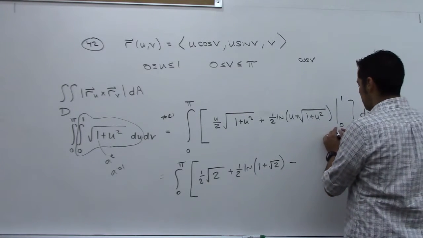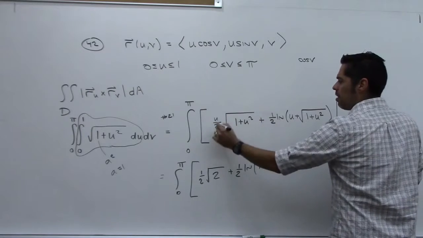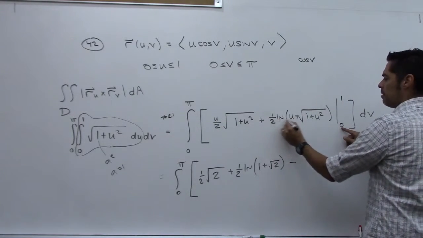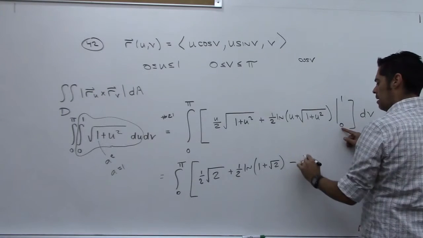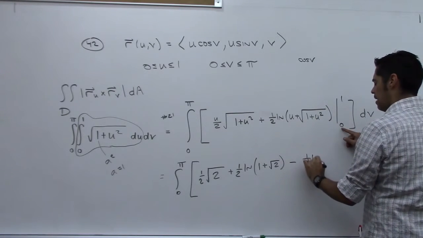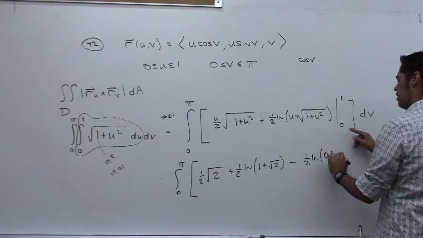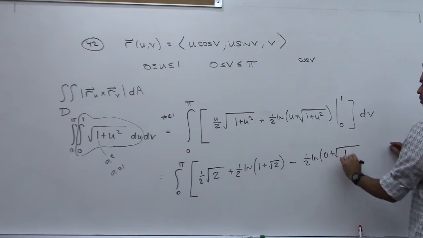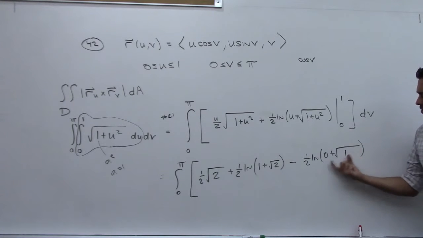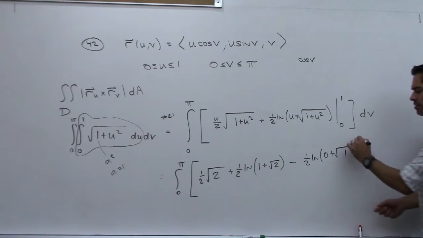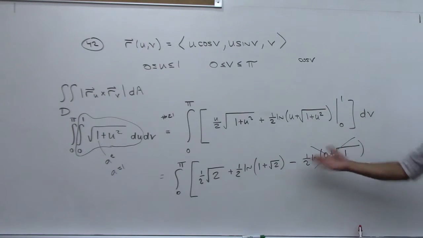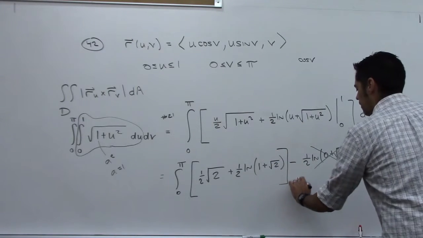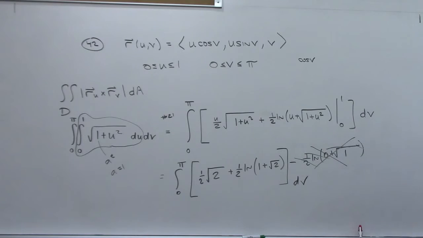Plug in 0 here for u, kills this off because 0 over 2, it's all gone. And then right here, we get 1/2 natural log of 0 plus square root of 0 plus 1, that's square root of 1 is 1. But that's just a 1, natural log of 1 is 0, so this thing is gone. So that's it right there. dv, this is all gone.